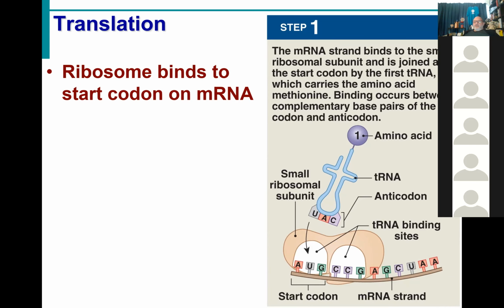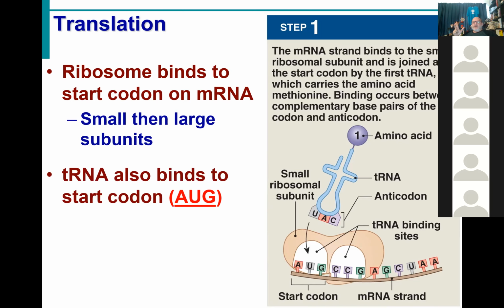All right. So 4 things come together: our small subunit, our large subunit, the messenger RNA, and our transfer RNA. And they all come together around our start codon.